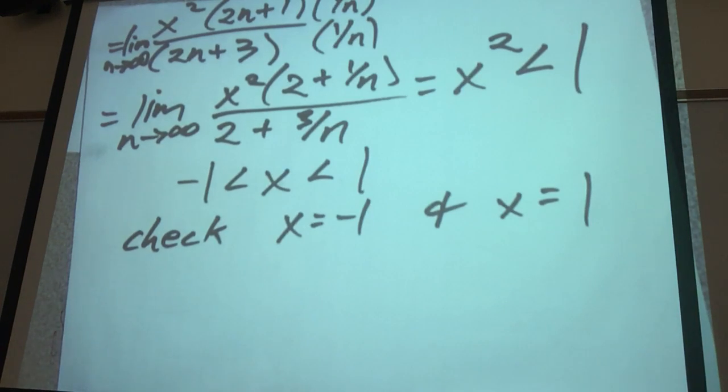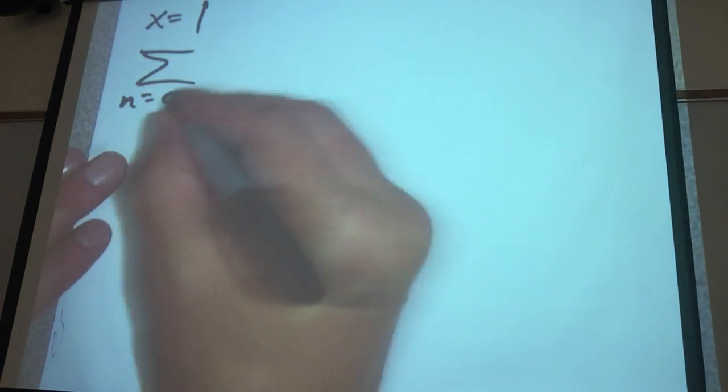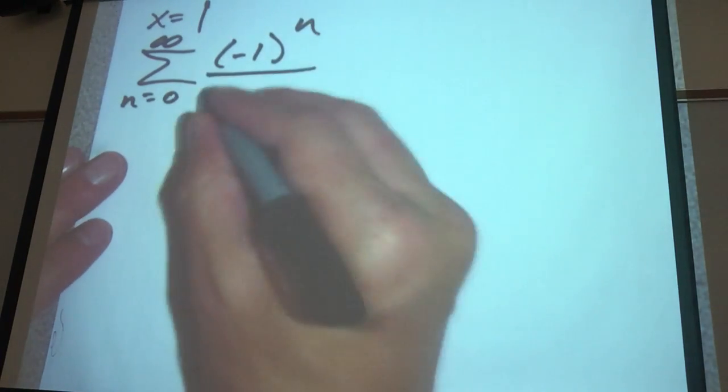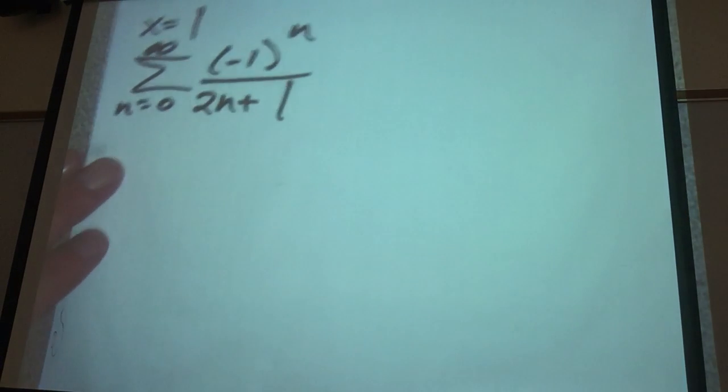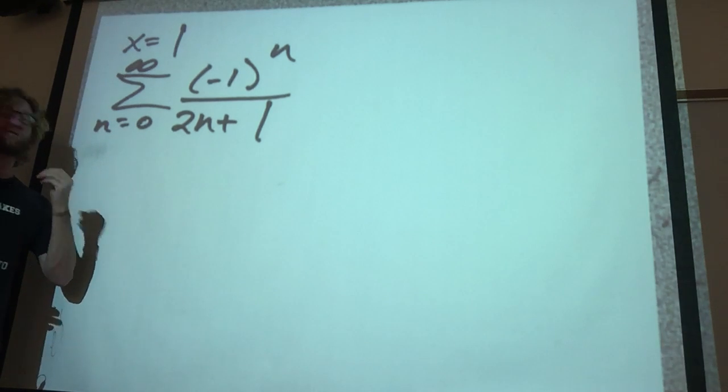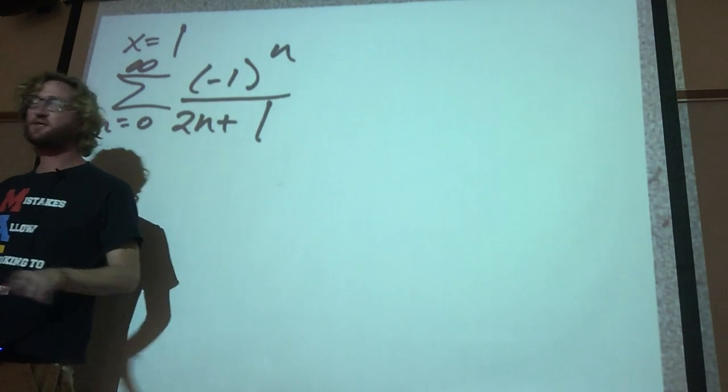Okay. Let's start with positive 1. So if x equals 1, we end up with the sum n equals 0 to infinity of negative 1 to the n divided by 2n plus 1. All right. Now, the easiest way to do this is just going to be to do the alternating series test.